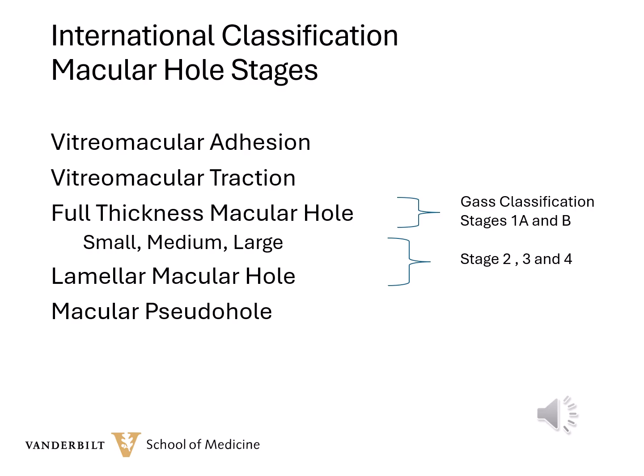The Don Gass classification of the vitreomacular traction was his stage 1A and 1B, and the full thickness macular holes, small, medium, and large, were his stages 2, 3, and 4. There are papers out there on each, and you should be familiar with both as you go on with your training.